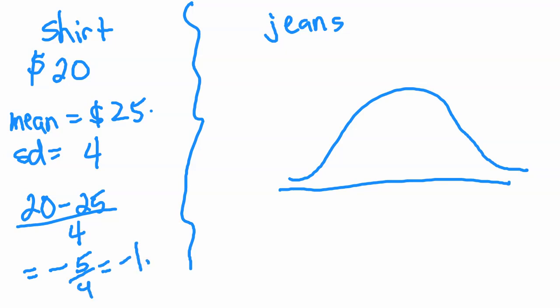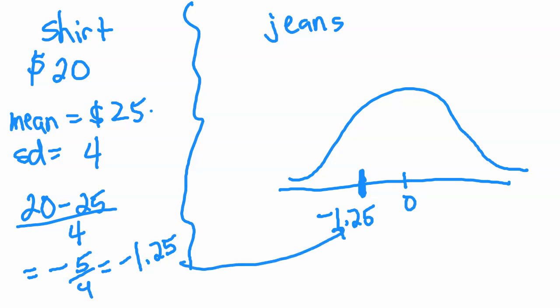This would be a negative 1.25. So probability isn't negative. We're just finding out the spot on this curve, this z-score, which would be the z-score for the shirt. That is 1.25 standard deviations away from the mean, and it tells us it's to the left of the mean. So we're just finding out how many standard deviations from the mean we are. We're not finding the probability yet.